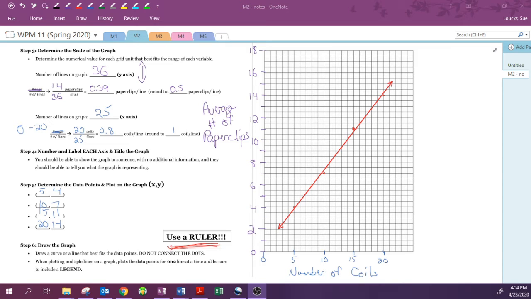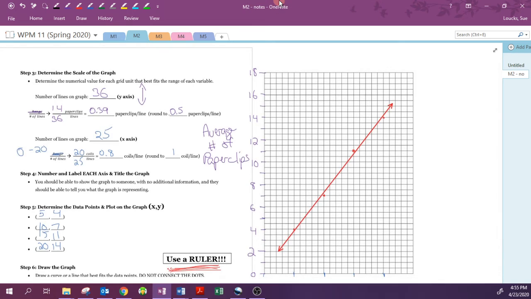Okay, and the one last thing that we need to add to our graph is a title. And the title is, I'm going to use basically what was on the table, the information that was on the table. And let me just see if I can move this up just a teeny bit.